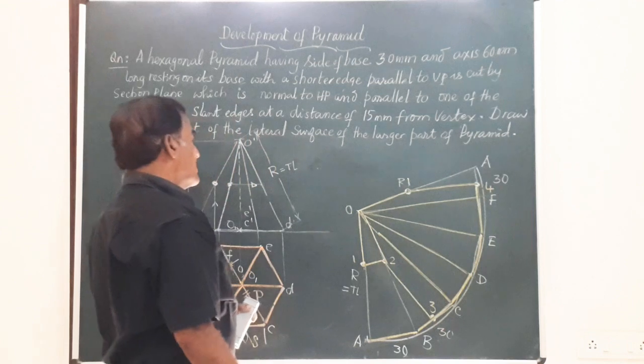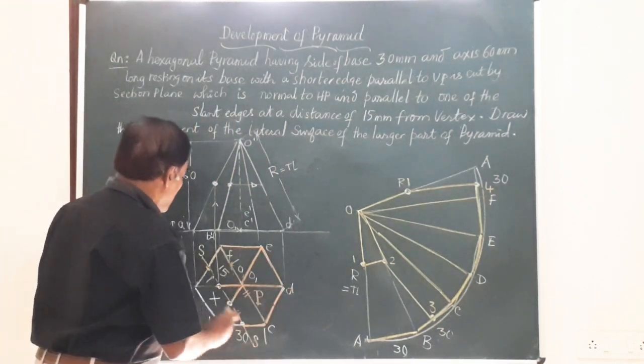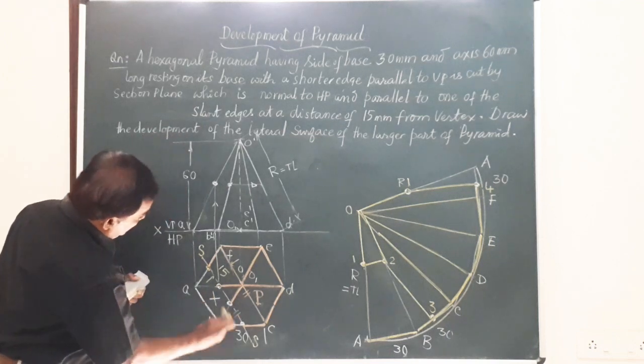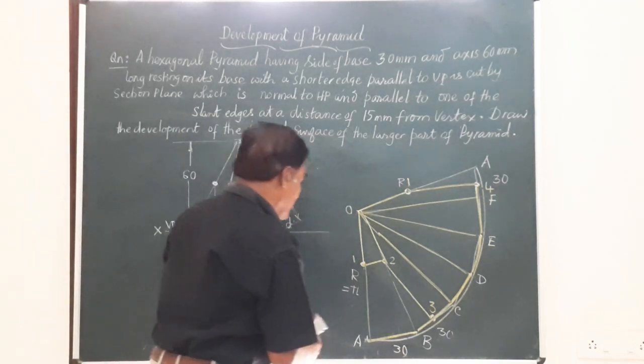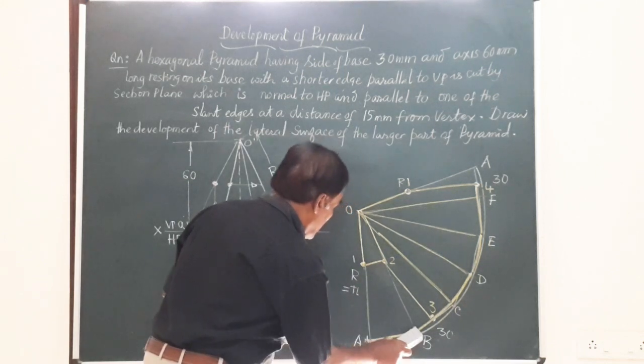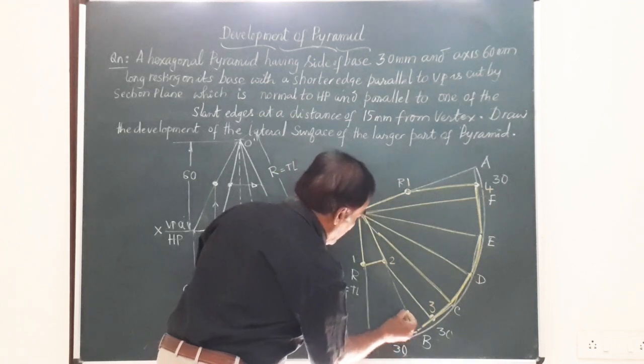These are all the points where the section plane is cutting the solid, and you can see very well here only a small portion of this, that is this portion AB, is removed. So when AB is removed, we will not have this line here, and you will have only a thin line.